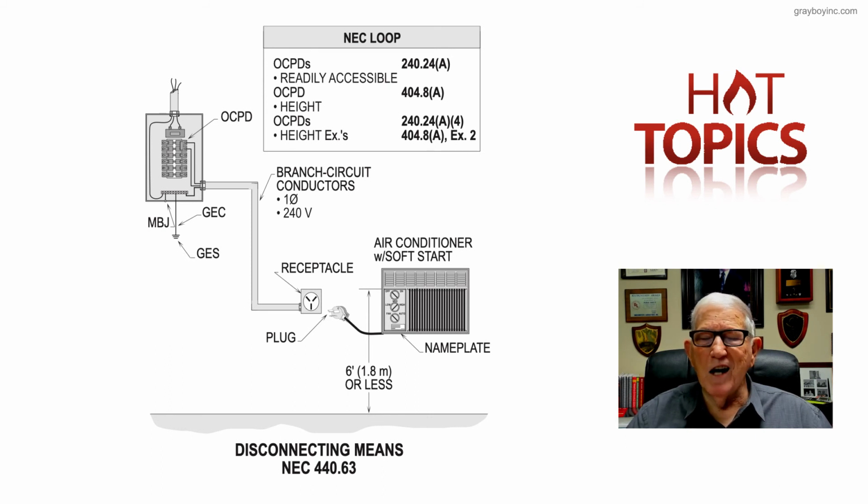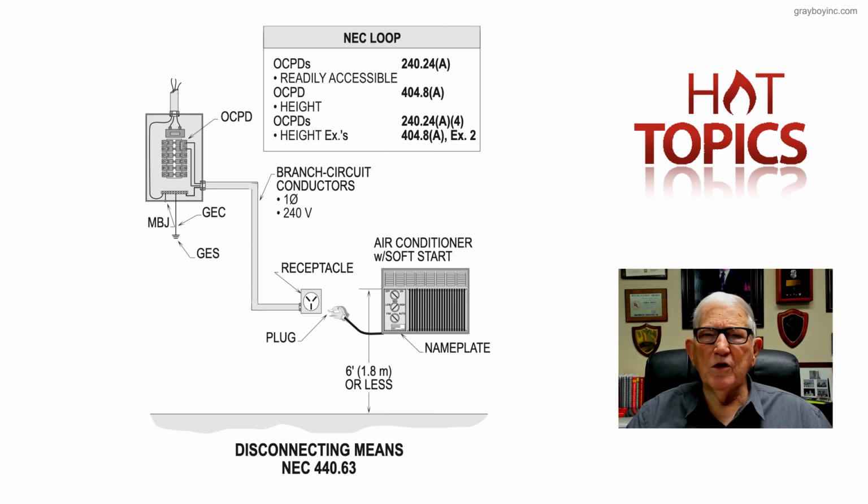You don't lock and tag out that receptacle by Article 120 of the NEC, because you have the attachment cap and complete control of your job task, whatever it may be. And then you notice, just for additional information in the illustration, we show you overcurrent devices are readily accessible in 240.24(A) that you would review.